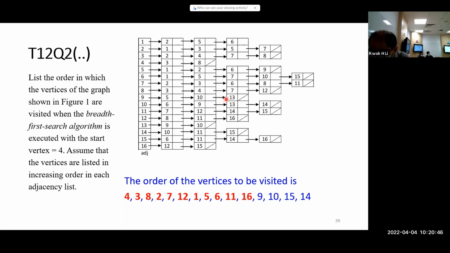Hey, 13 is new, right? 13 is new. So the next one should be 13. Once we go to 13, you see that you have done all of them. You have visited all the nodes, 16 of them. Then you can also retire. No need to carry on.